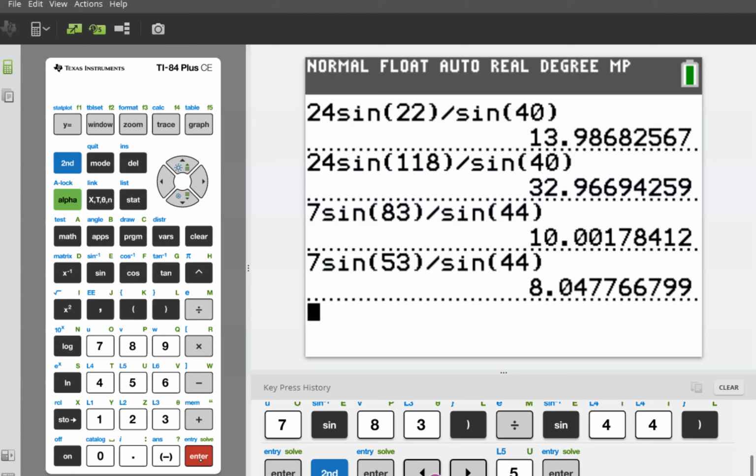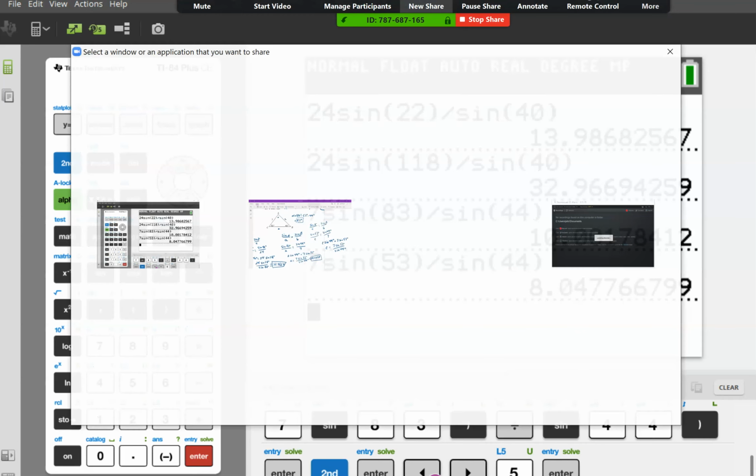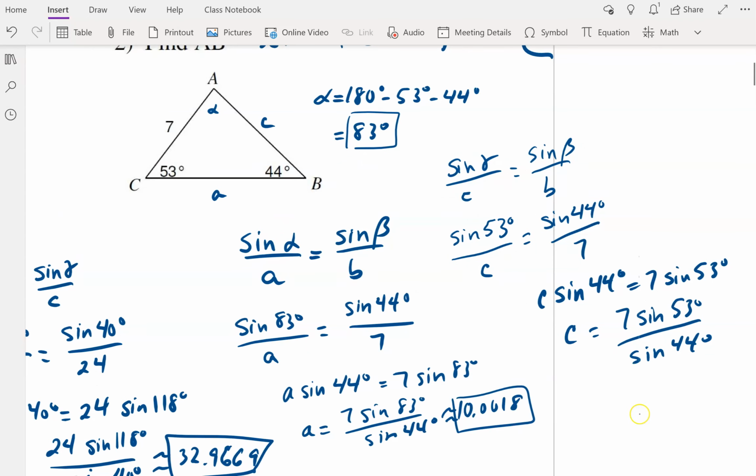Again, rounding to that fourth decimal point, so 8.0478. And that's our third piece of information that was missing. Any questions on that one at all?